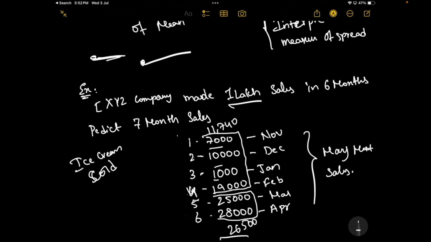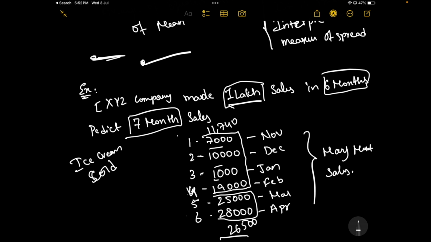They made 1 lakh rupees of sales in 6 months. They need to find the 7th month's sales. How much can they approximately make in the 7th month? This is what I need to find now.